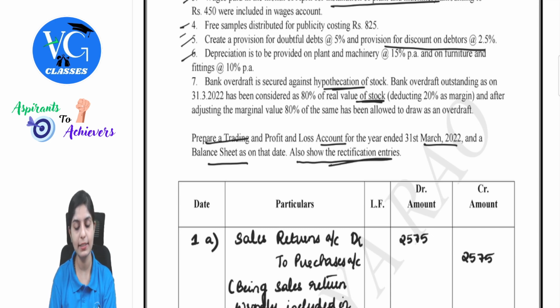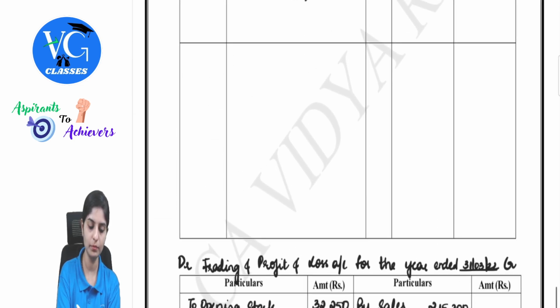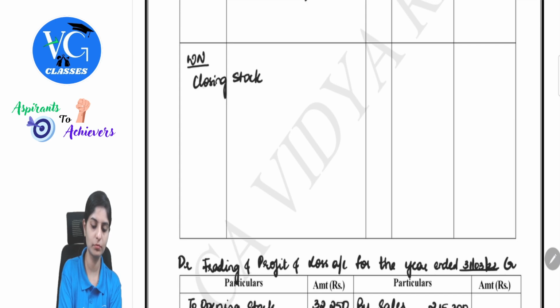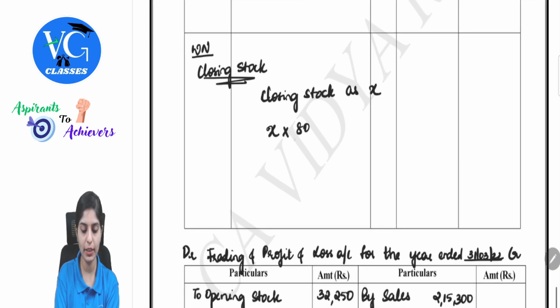Are you all understanding? So here, let's take it as a working note, closing stock. If I take closing stock as X, bank overdraft is already given as 80,000. How is that arrived at? Closing stock's 80% is what they consider as the real value, correct?